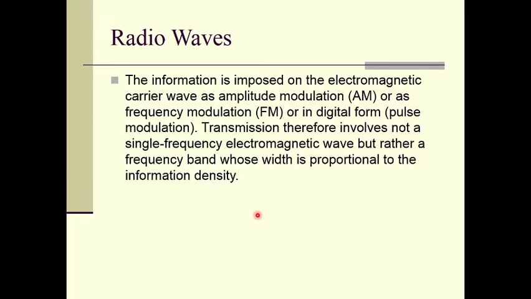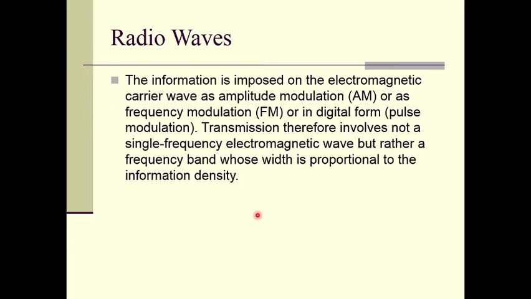The information is imposed on the electromagnetic carrier waves as amplitude modulation or as frequency modulation, or in digital form, that is pulse modulation. Transmission therefore involves not a single frequency electromagnetic wave, but rather a frequency band whose width is proportional to the information density.